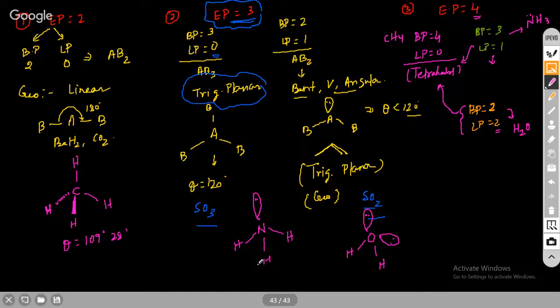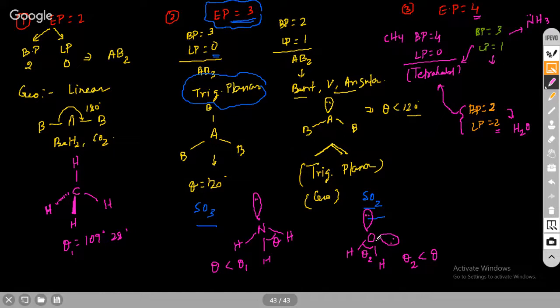So if you compare the bond angle here, if it is θ1, then theta is less than θ1, and here this θ2 is less than theta even. Understood? Because we have 2 lone pair, we have repulsion over there.